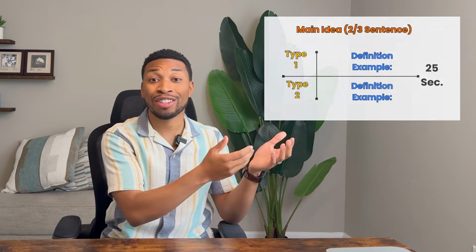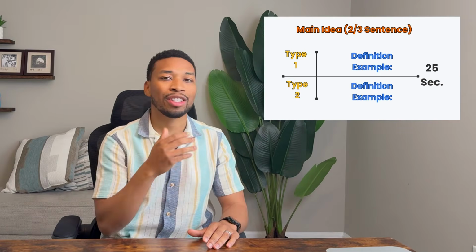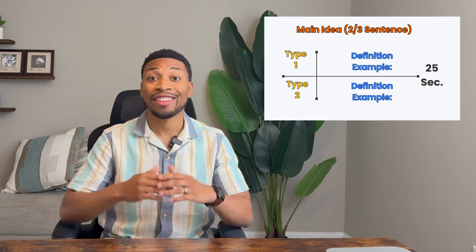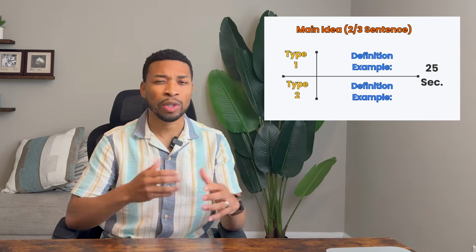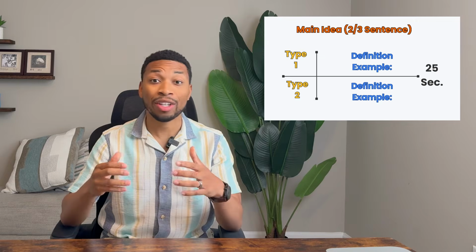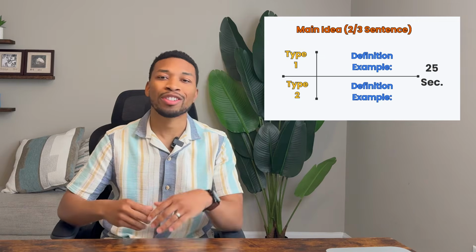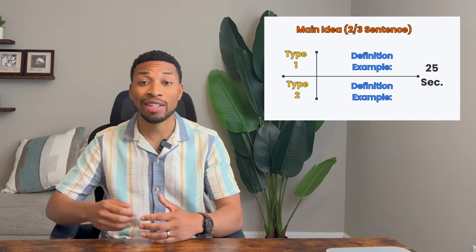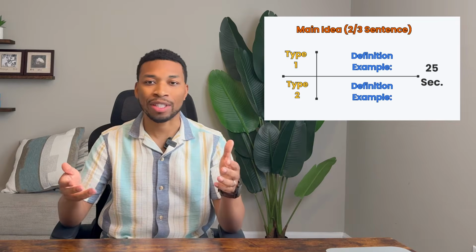Okay guys, so here's how to pass TOEFL Task 4 speaking section without needing to have a PhD in squirrel psychology. All you have to do is use this template every time and you'll be fine. As you can see right here on the screen, all you need to do is first start with the main idea. Then after you catch the main idea, which is usually around the second and third sentence of the lecture, you're going to say, and the professor gives 2 types, 2 ways, 2 something to describe this.